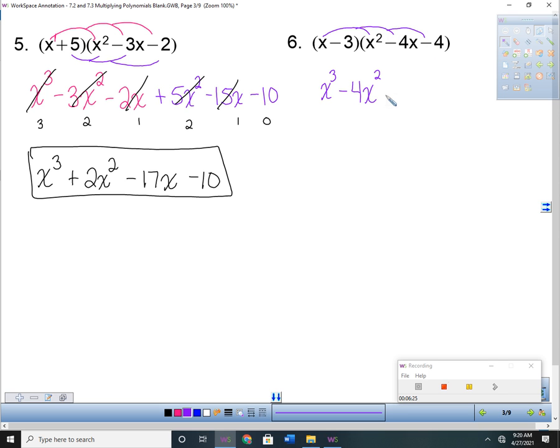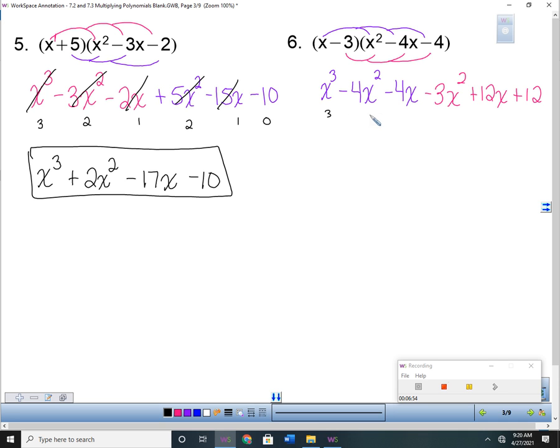X times negative 4 is negative 4x. And then we're going to do the same exact thing with our negative 3. So negative 3 times x squared is negative 3x squared. Negative 3 times negative 4x is positive 12x. And negative 3 times negative 4 is positive 12.